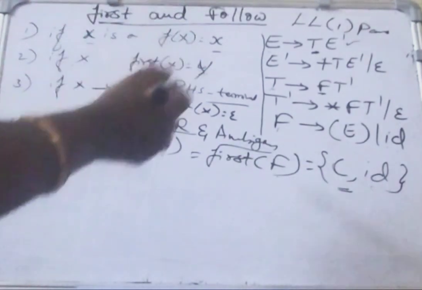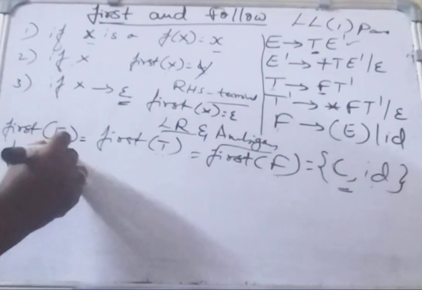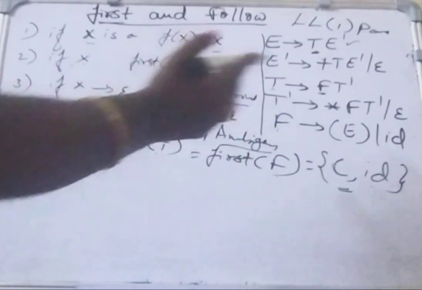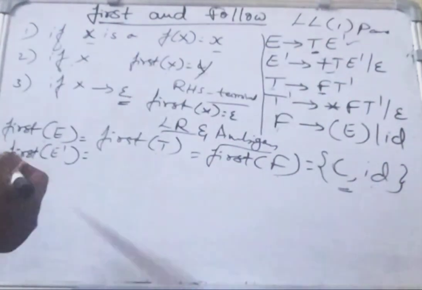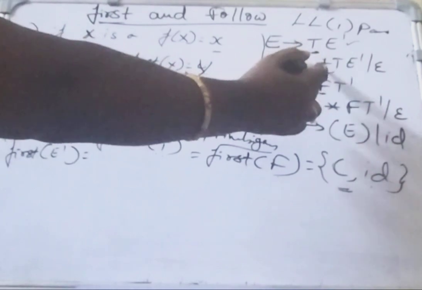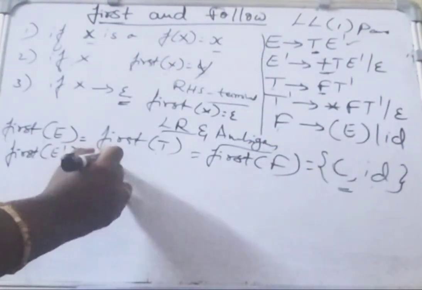Similarly, now check what is first of E dash. See the first symbol at the right hand side, it should be a terminal symbol. E dash also has two productions, plus T E dash and epsilon. The terminal symbol is plus here.